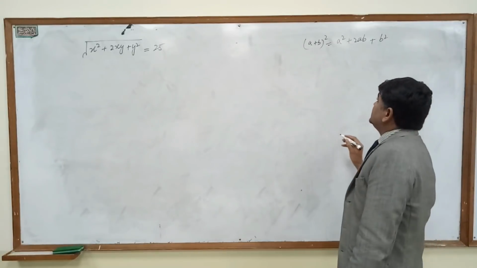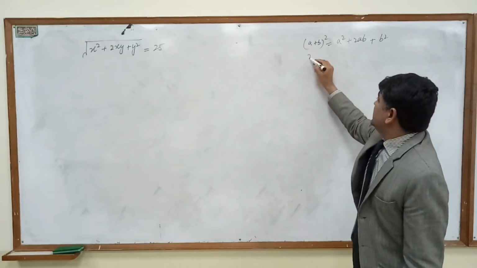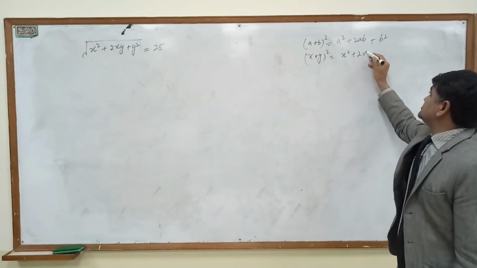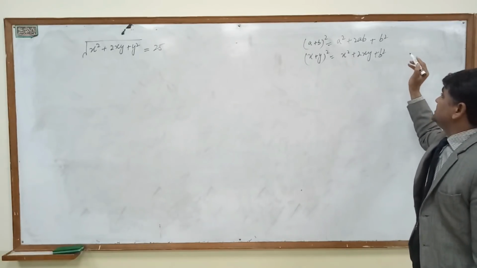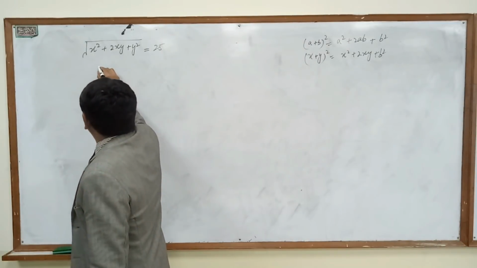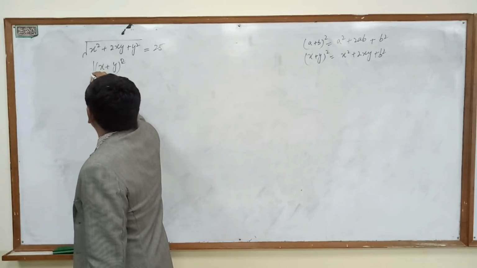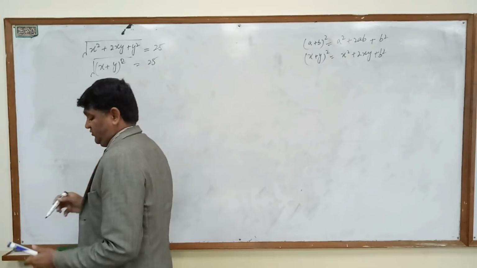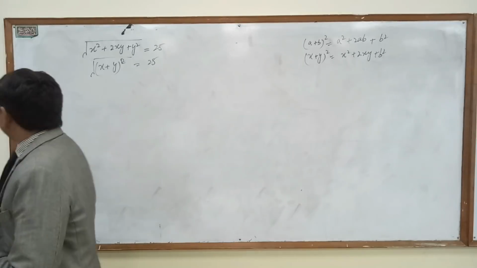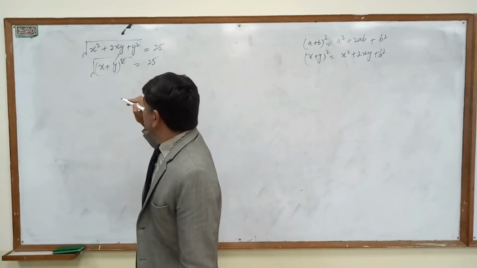If we simplify, x plus y whole square is equal to x square plus 2xy plus y square. So we can write x plus y whole square under root is equal to 25. We can square both sides, and the square and under root cancel.